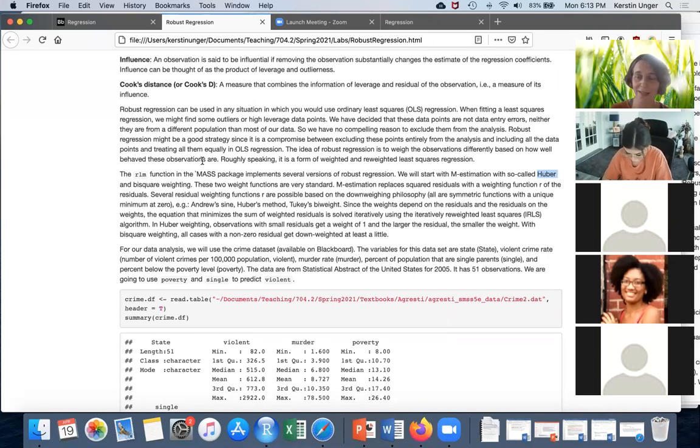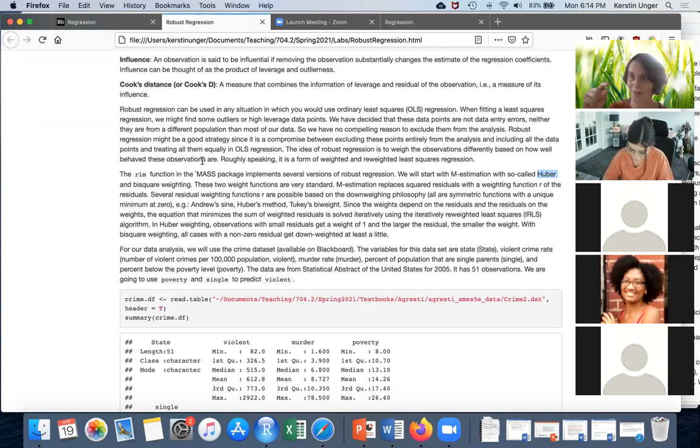The underlying idea is that observations that have small residuals get a weight of 1, up to some pre-specified threshold, and then the larger the residual is, the smaller the weight that is assigned to this case. So the maximum weight of 1 is for cases that have a small residual, that correspond very well with the regression model.